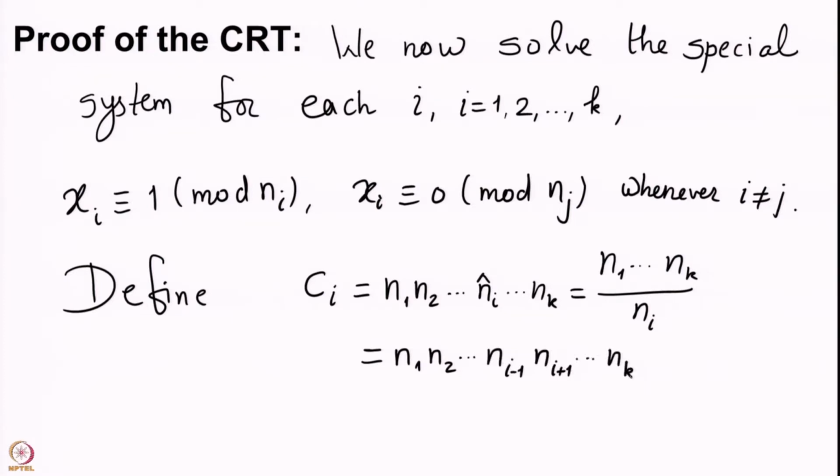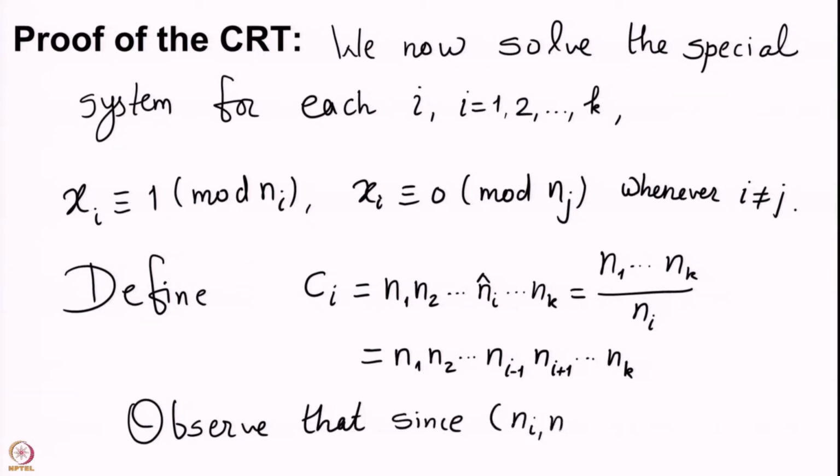We are looking at this particular product, and now we observe that since the gcd of ni with nj is 1 for each j not equal to i, Ci and ni are co-prime.